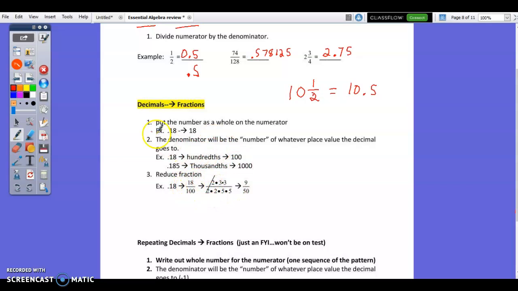The denominator will be, and I put it in quotations, the number of whatever place value the decimal goes to. So if we think of our place values, 0.1, 2, 3, 4, 5, and I'll just stop there, this would be tenths. That's tenths. This would be hundredths.